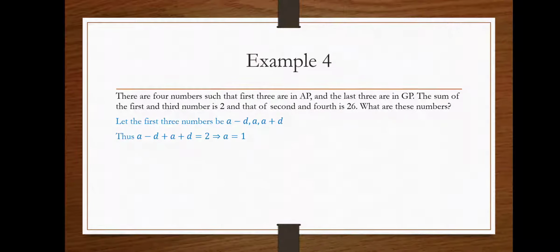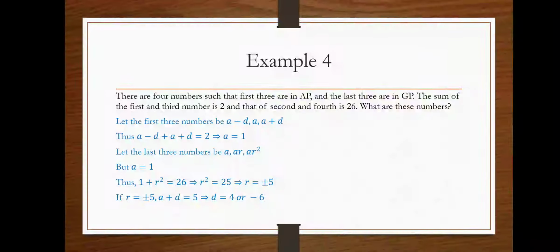Now once I know the value of R as plus minus 5, that will help me find the second, third and fourth numbers, but at the same time I need to find the first one, and for that I need to find the value of D. So if I consider R as plus minus 5, then A plus D will be plus minus 5.